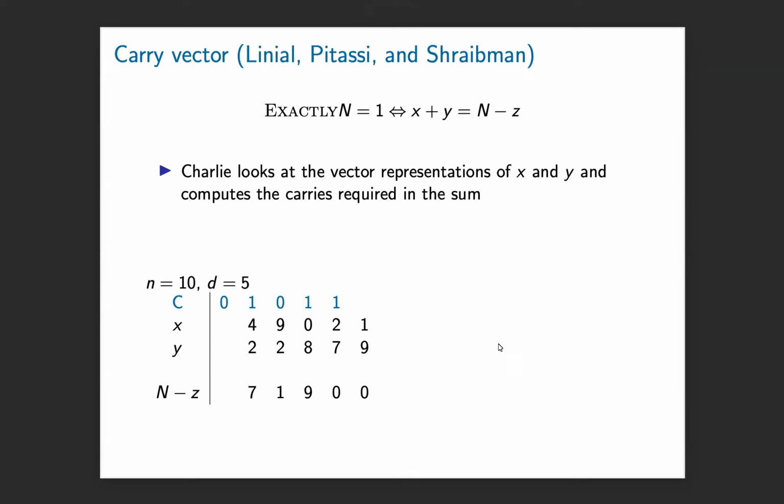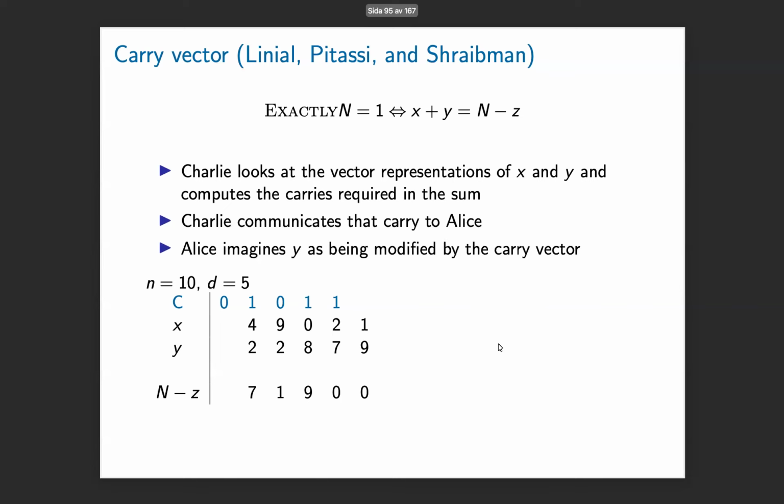So for this addition here, these would be the carries. Charlie then communicates that carry vector to Alice. And Alice imagines Bob's input y as being modified by the carry vector using the following somewhat complicated looking formula.